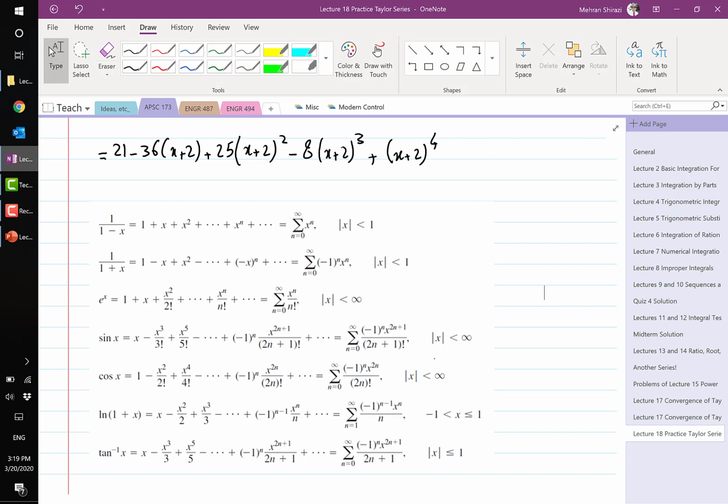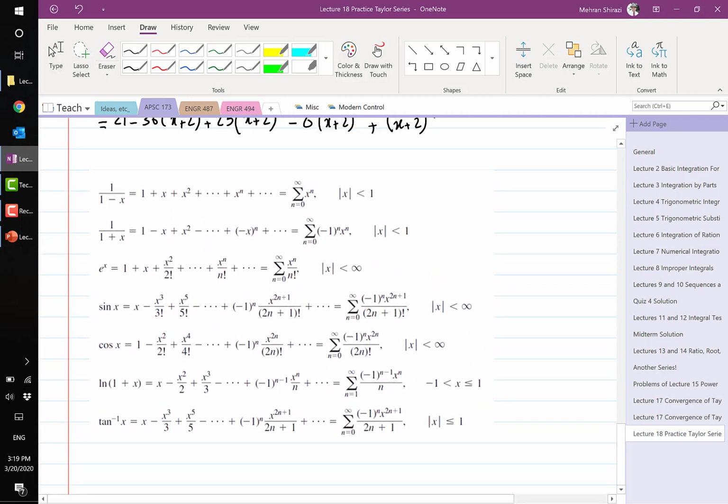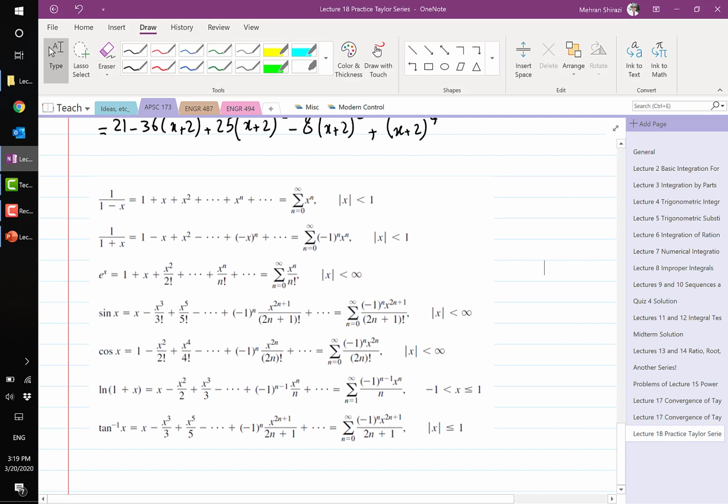So I'm not going to get into details of that. But before doing that, I'm going to use this table, which will be given to you in the final exam, to test the convergence or find the interval of convergence of another Taylor series. So look at here.